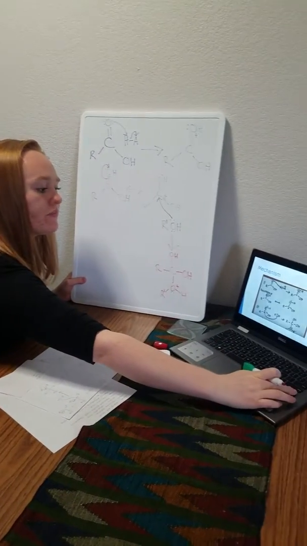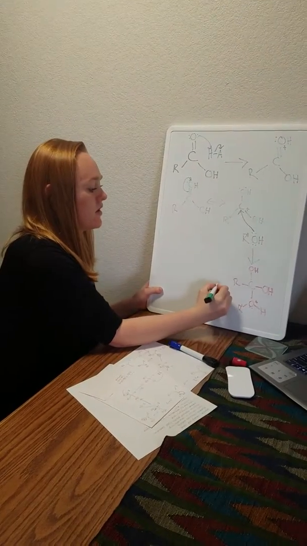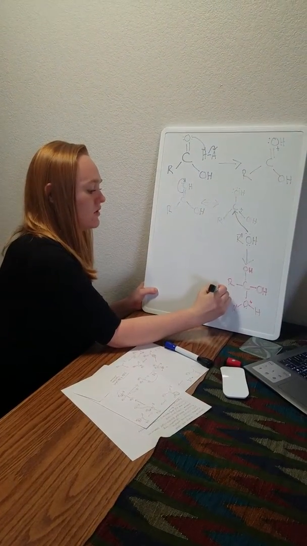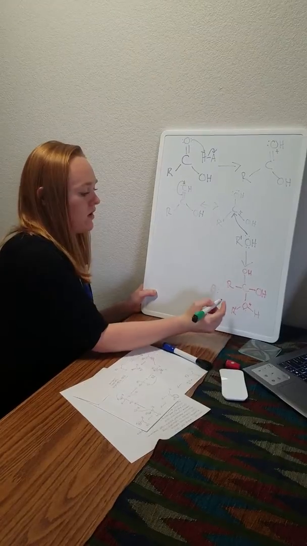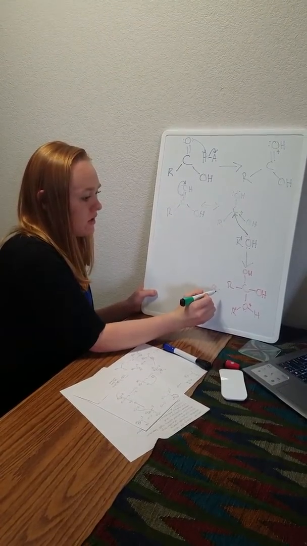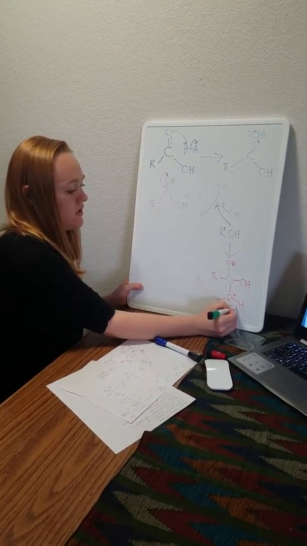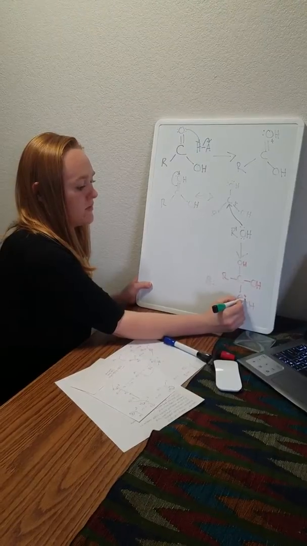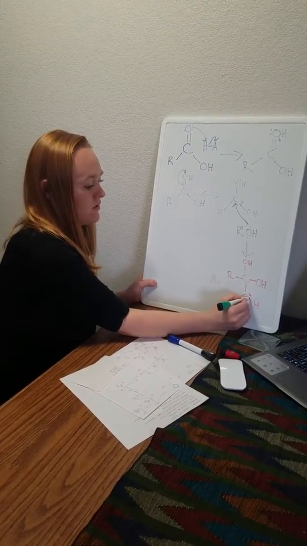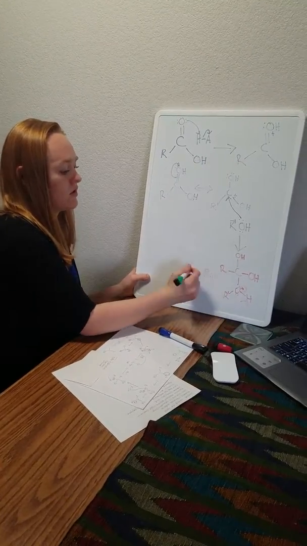So then the base comes, and the lone pairs here attach to this hydrogen here. So then this bond breaks off and the electrons go to the oxygen.